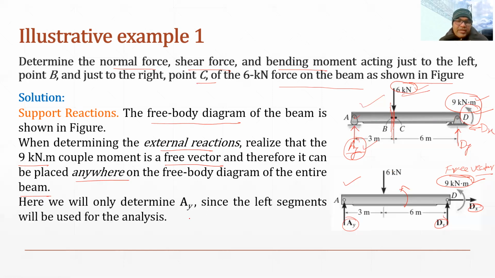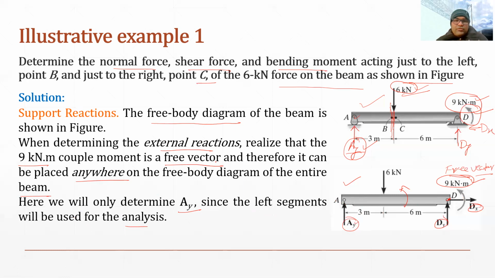We will only determine the value of Ay since we will be taking the left segment for the analysis. Ay can be calculated by using the equations of equilibrium. So to calculate the value of Ay, we can take moments about point D.